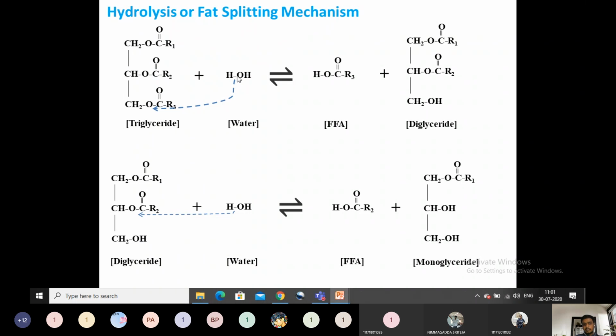hydrolyzed. Whatever water is there will perform a nucleophilic attack on this fatty acid molecule here. It will attack the nucleus of the free fatty acid.